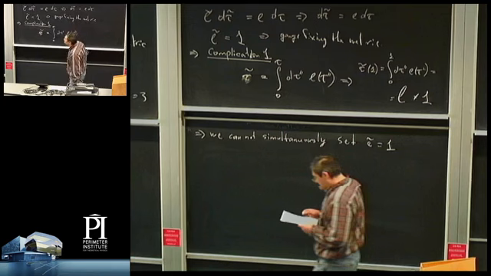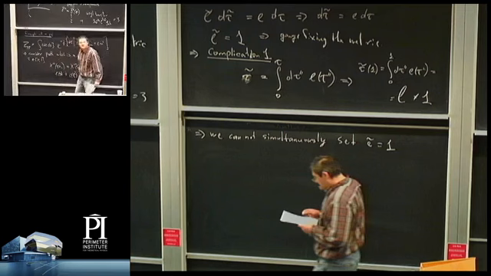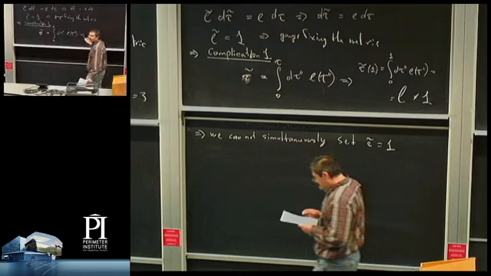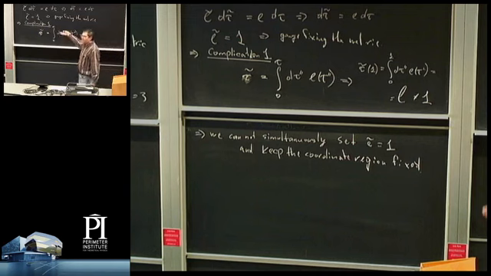However, previously the range of integration of tau was from 0 to 1. And so here we can ask the question. We have this new parameter in this gauge fixed metric. What is the range of variation of this parameter, right?